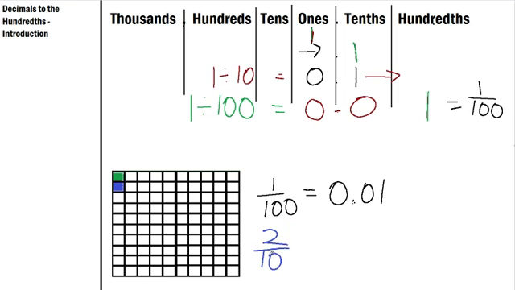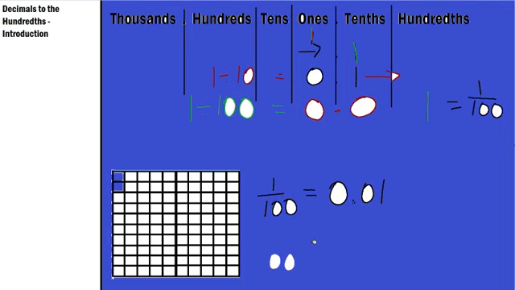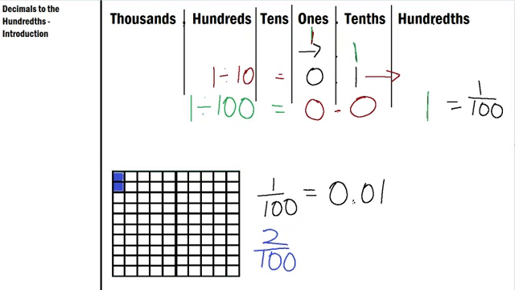Let me go ahead and fill that in so you see they're both blue. 2/100ths is equal to 2/100ths as a fraction and 0.02 as a decimal. You can continue this way.